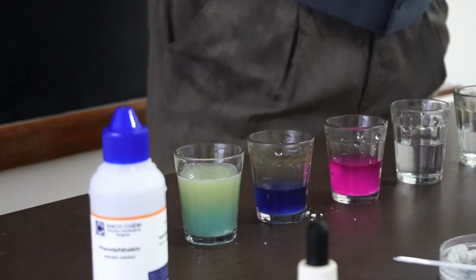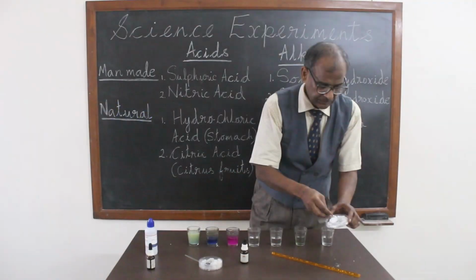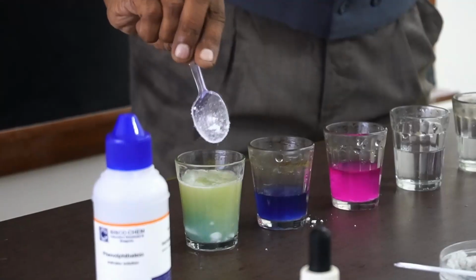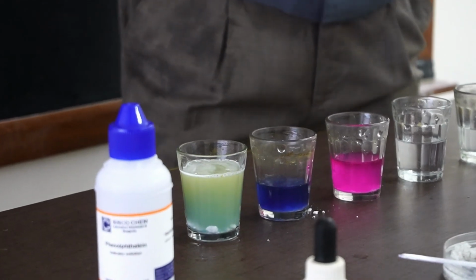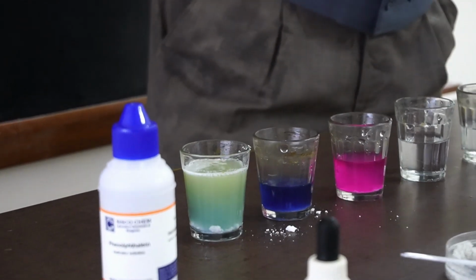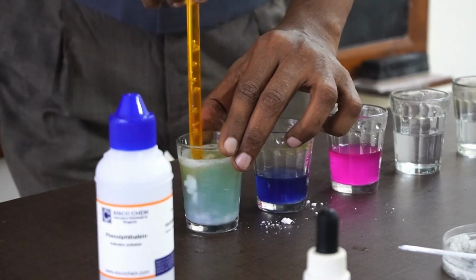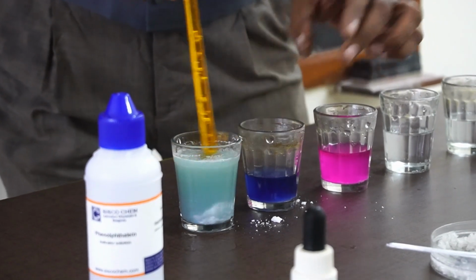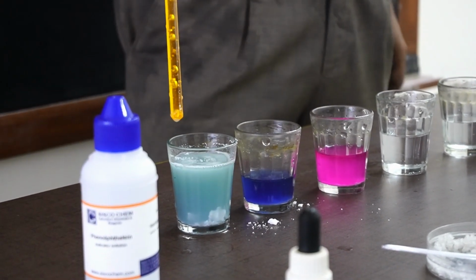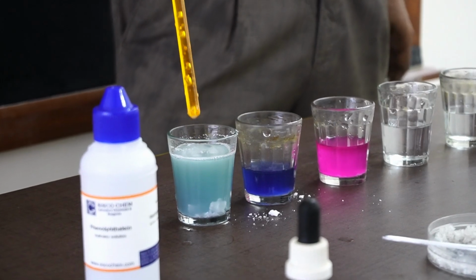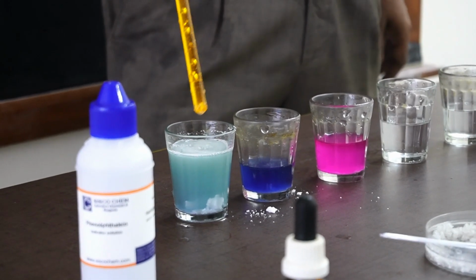Let's put some more alkali into it. You see, bluish coloration is being developed. So, it is gradually turning into an alkali.